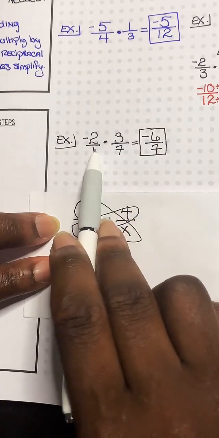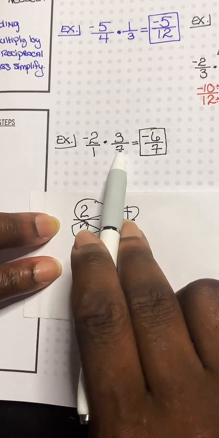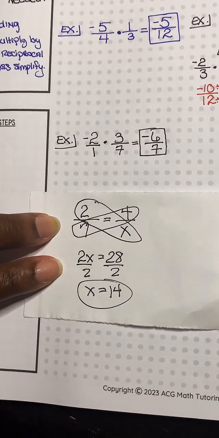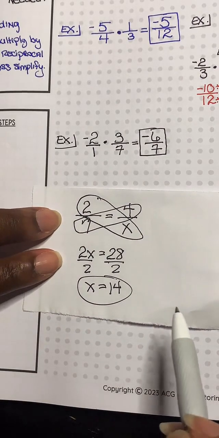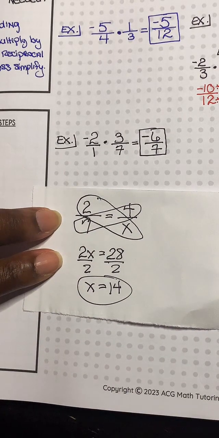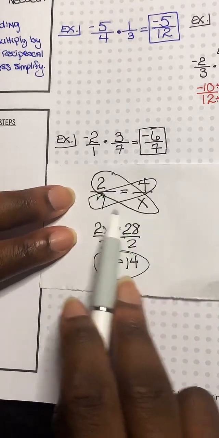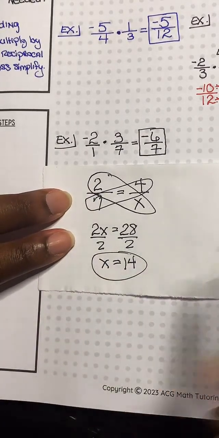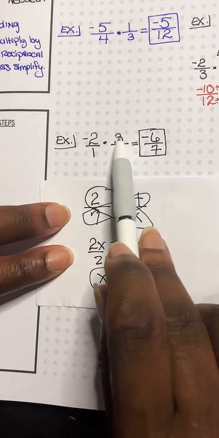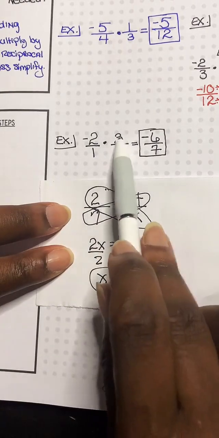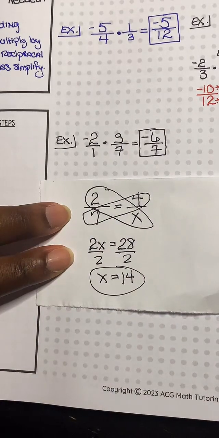You're multiplying these two fractions together. Okay? So cross multiplying when you're trying to solve for x and you have two fractions. Cross simplifying when you're trying to reduce your fraction before you multiply. Okay, does that make it a little bit easier?